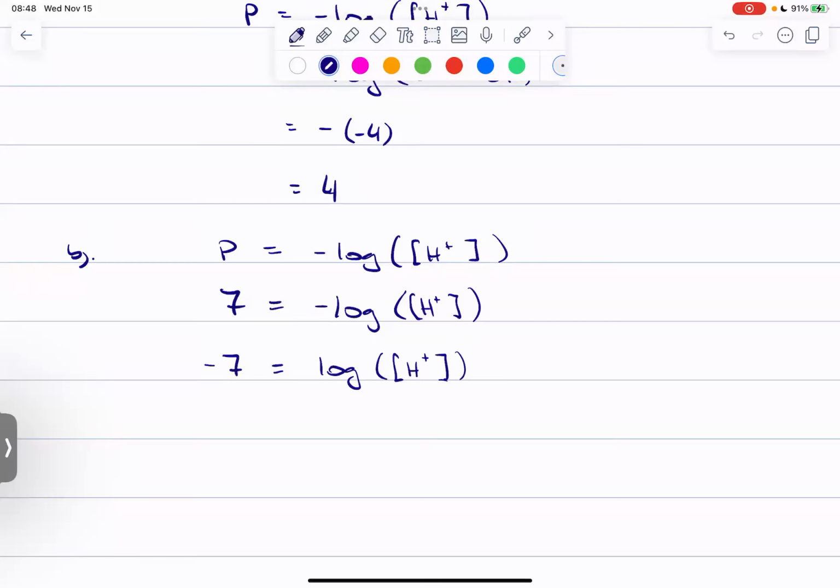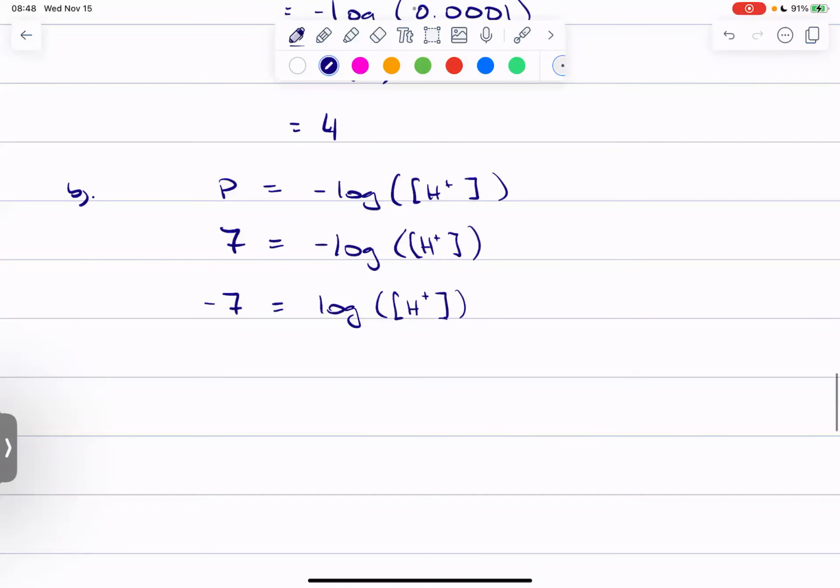So now, what can I do? I can take 10 to the -7 is 10 to the log of H plus. Remembering that this is log base 10.